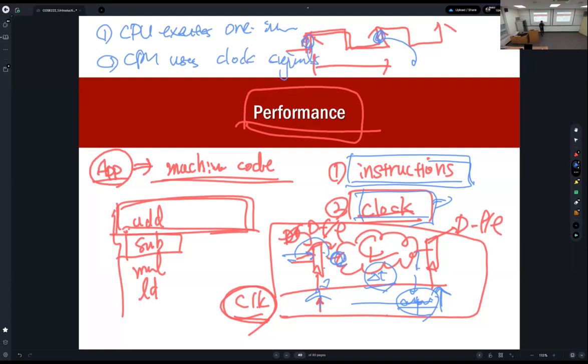So you can just imagine that the CPU executes one instruction during one clock period. It's not always true, but we can just understand how the CPU executes instructions this way: instruction by instruction, with a clock signal like this.